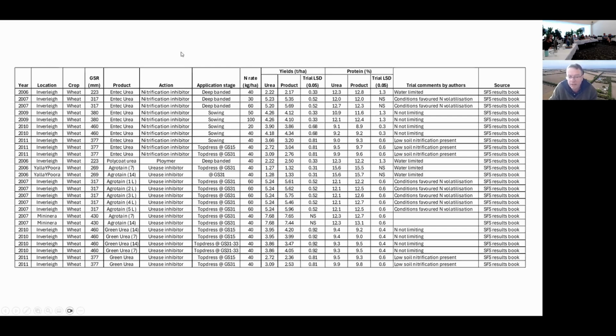The only group I got anything back from was Southern Farming Systems. What I've been trying to do is set up a simple database saying if this work's ever been done, and all I've done is compare some of the products that we've got here and the application stage and the rate, comparing that against just standard urea. So standard urea was used in the control.